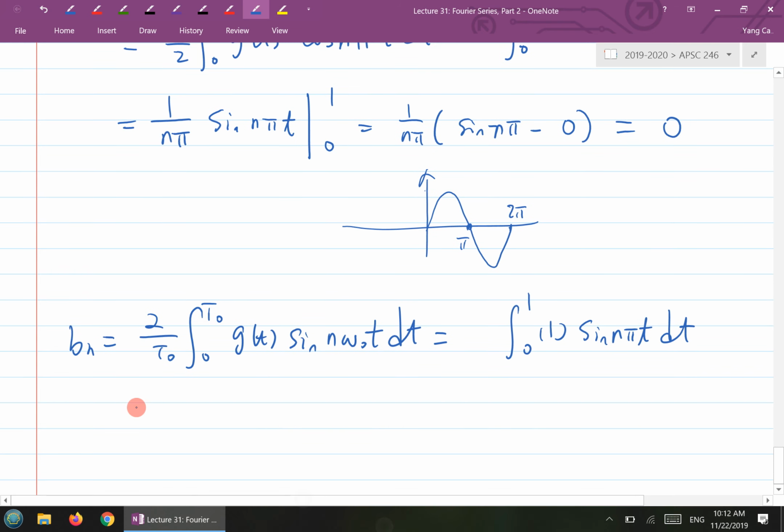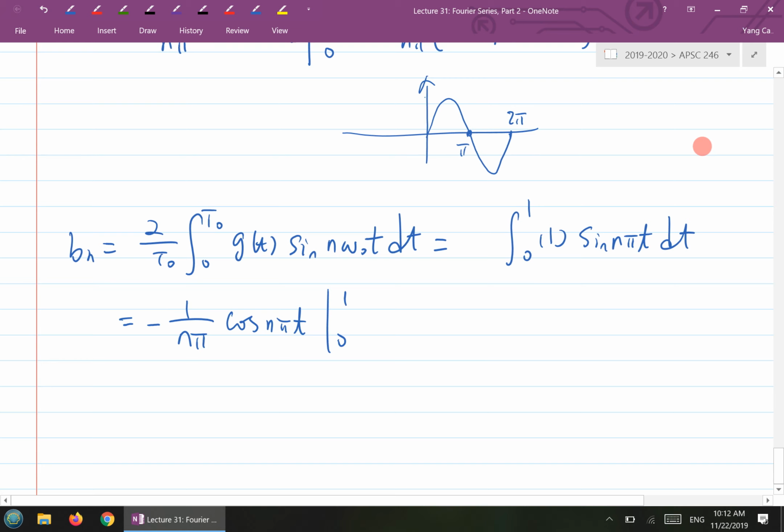And this one is 1 over n pi, and negative here, and then cosine n pi t, 0 to 1. Plug in the limits, we get 1 over n pi, cosine n pi, 1 minus cosine n pi. That's Bn. Okay. Now you might wonder, is the cosine n pi equal to 0?